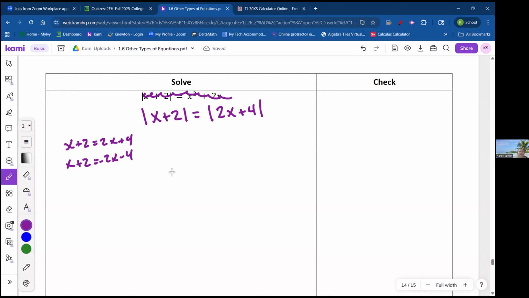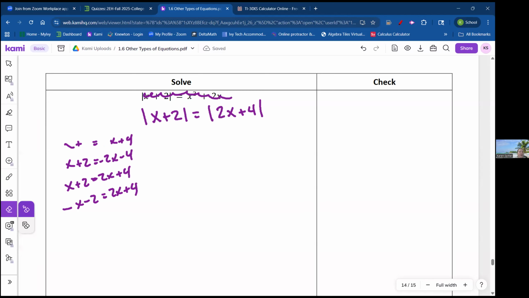Then conversely, you end up repeating it, with negative x minus 2 equals 2x plus 4. There's no need for all that shenanigans, which is why I said don't write it down.